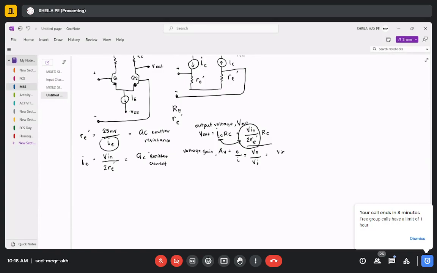So that's V in over 2 RE prime times RC, divided by our V input, which is V input ra. Nya inigbali ni mo na class, si V input is makancel. So basically, our AV voltage gain is just equal to RC divided by 2 RE prime. Right? That's the formula.